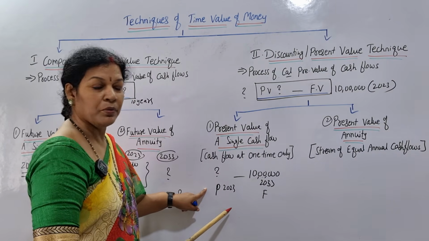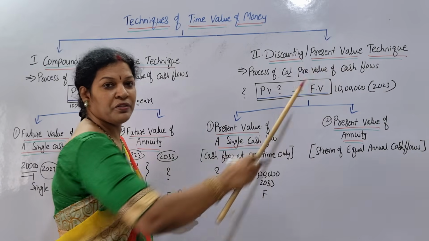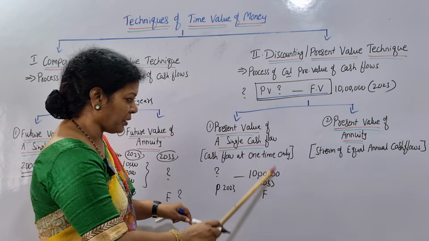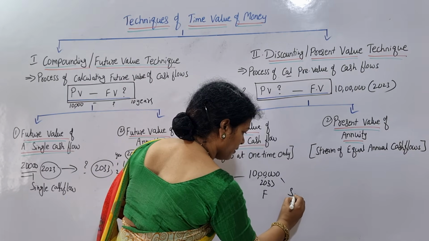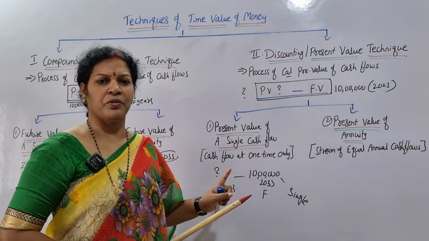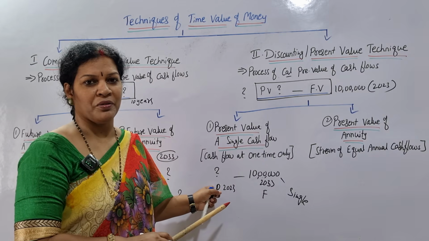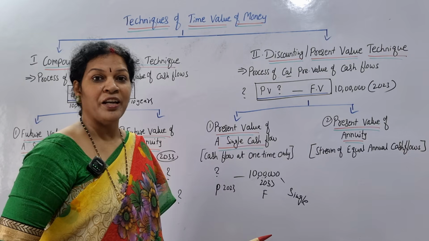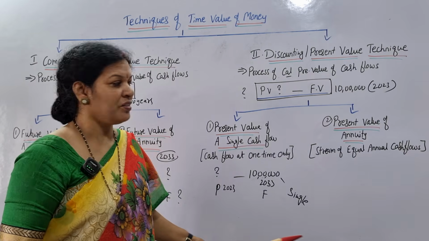What is the present value? This is the calculation of present value. One single cash flow, only one inflow, only one amount. What will be the present value? This is one single. Now the second one is annuity, which means many flows.